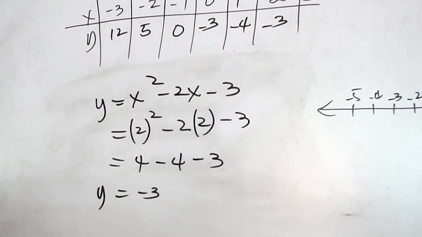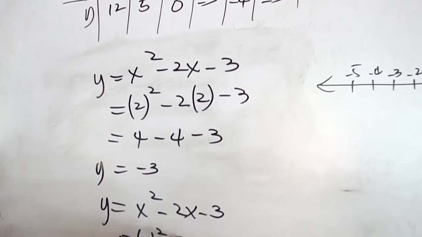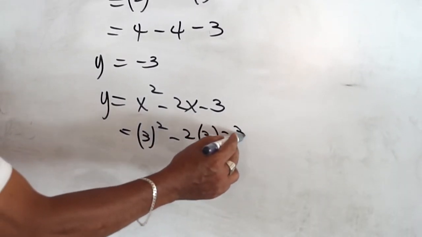Last, if the value of x is 3, we have x squared minus 2x minus 3. So we have 3 squared, minus 2 multiplied by 3, minus 3.